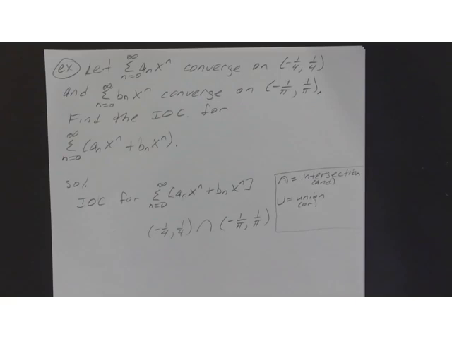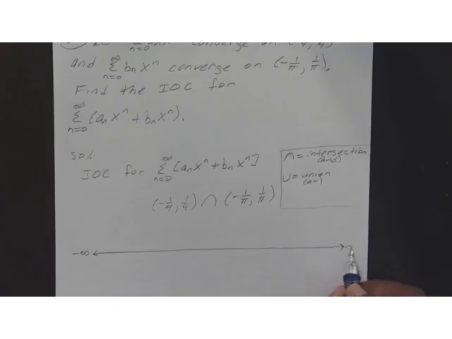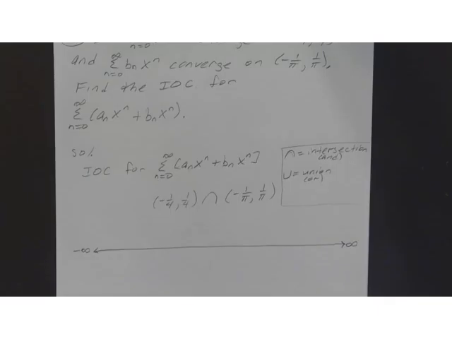Okay. So for me, what I always do is I love number lines because they give you something to visualize. So let's say this is our 0. Let's say this is negative 1/4 and positive 1/4.